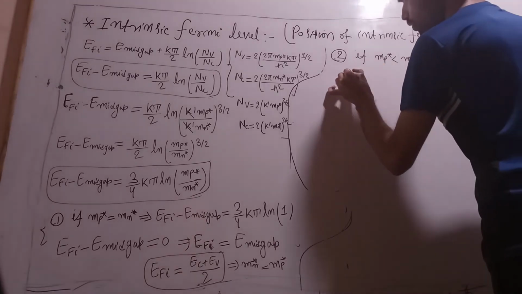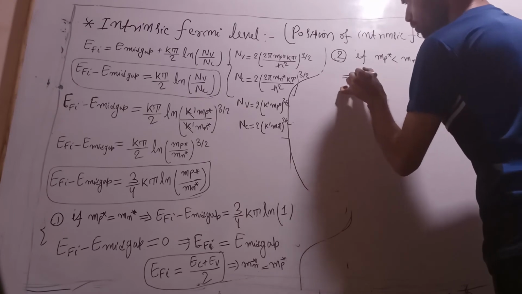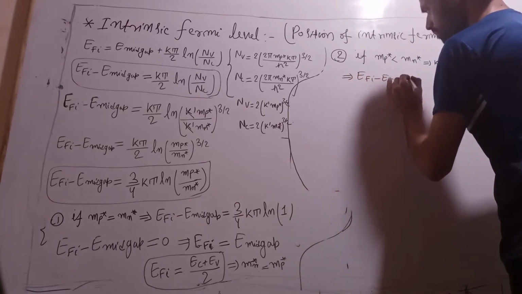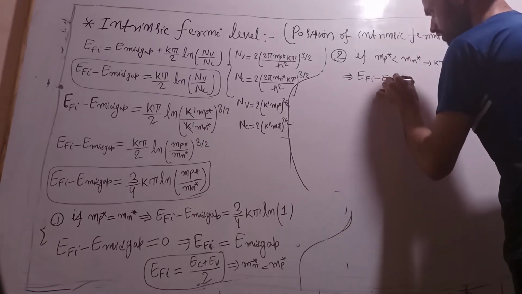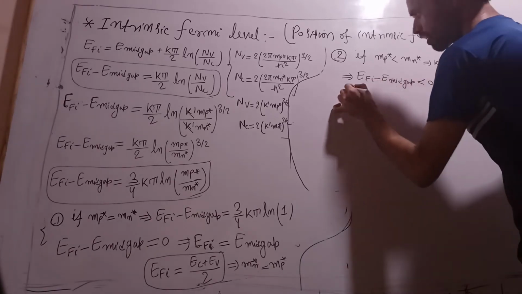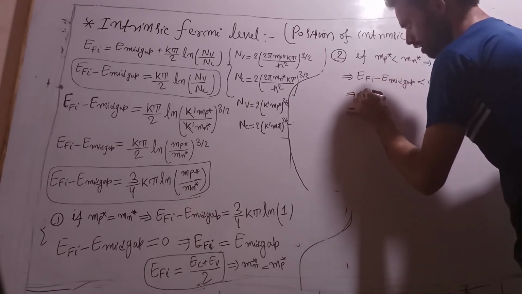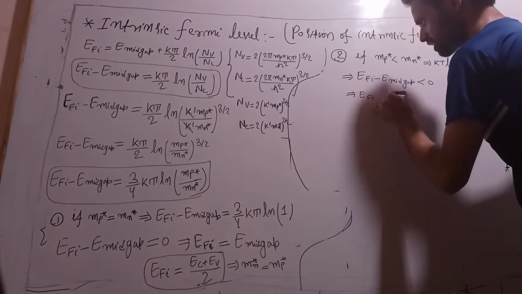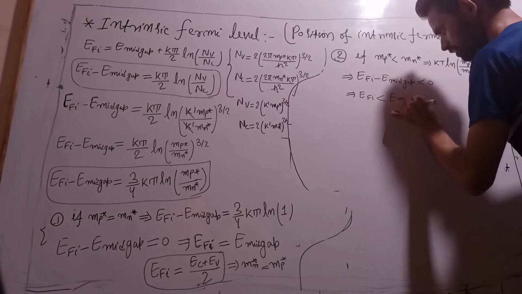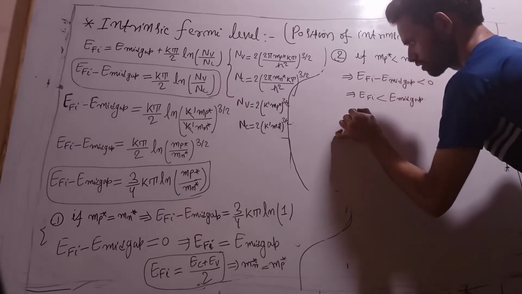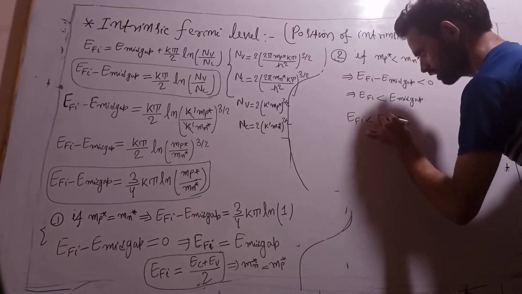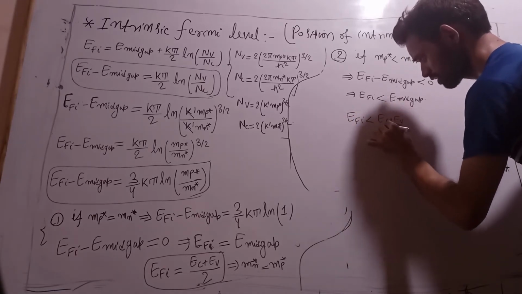Which implies that EFi minus E mid gap is less than 0, which further implies that the intrinsic Fermi energy level is less than E mid gap, which further implies that EFi is less than EC plus EV by 2.